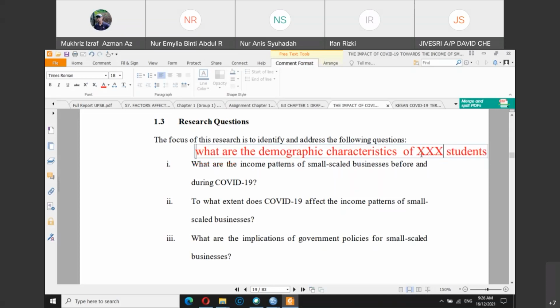If you're focusing, let's say, on people in Jitra, for example, then it should be something like that. So basically, research question number 1 is just a simple analysis of your data using a pie chart or histogram. It's just getting to know the backgrounds or the characteristics of your respondents.